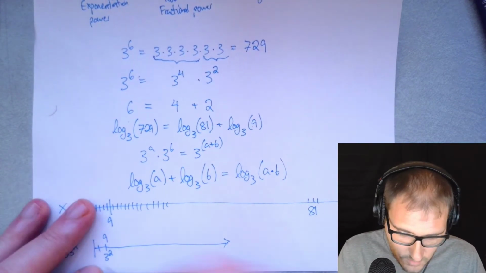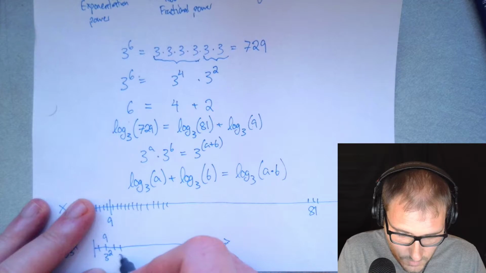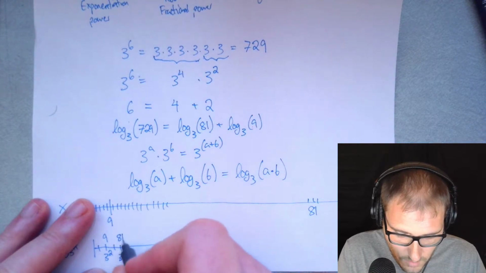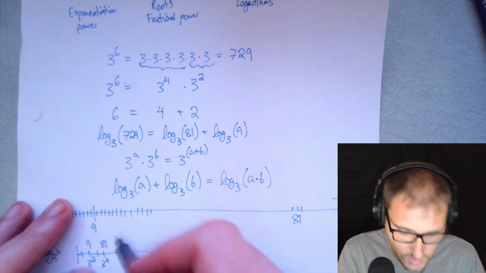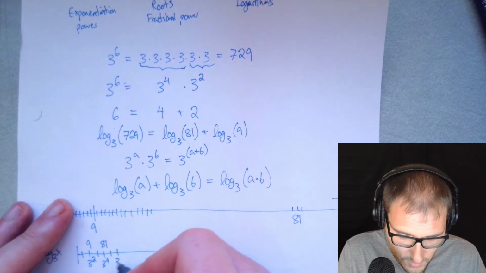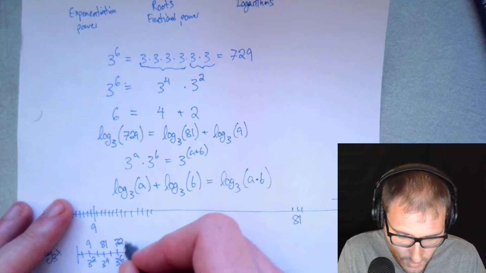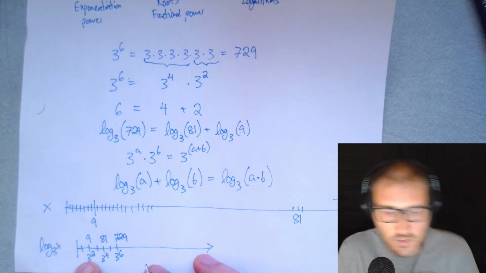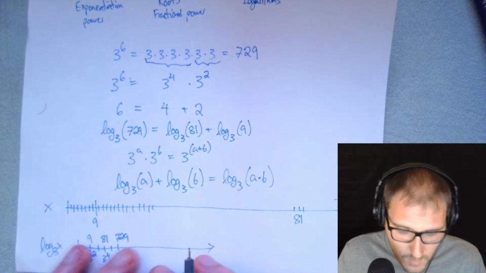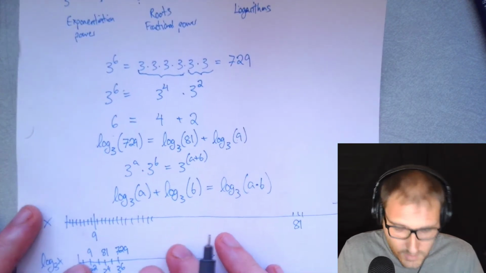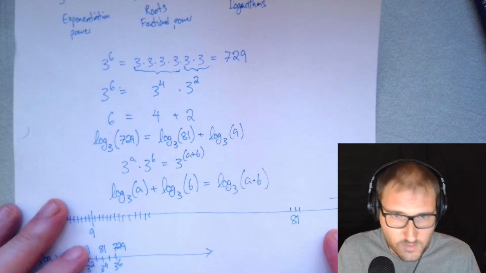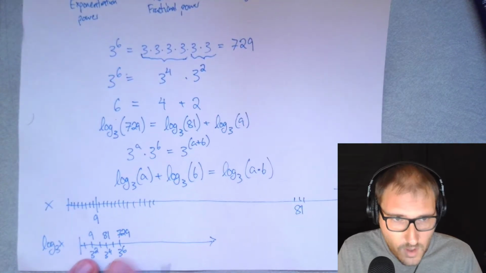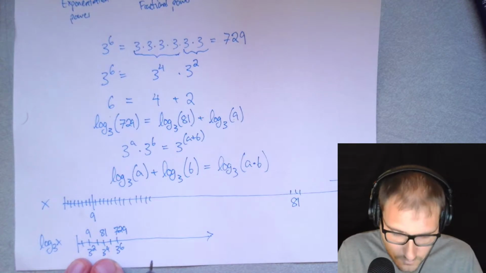Well, the 81 is 3 to the 4th power, so 3 to the 4th is there, that's 81. And where does the 729 go? It used to be like 16 pages over, but now it's just, okay, 3 to the 6th is 729. And these are nice and evenly spaced. That's kind of fun. So what the logarithm's doing for us is it's taking things that are spread way, way, way far apart that span lots of orders of magnitude and cramming them down into a really small part of the graph.